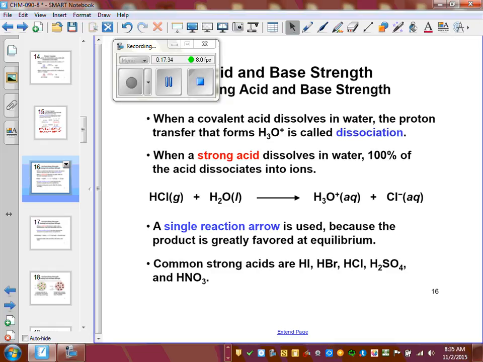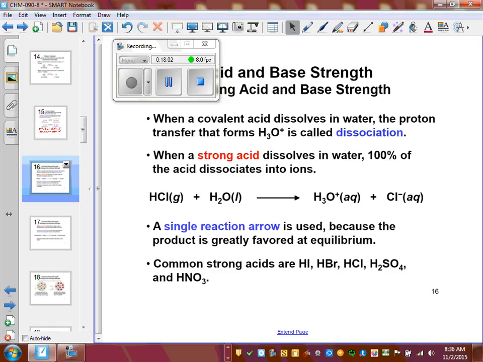Now when we talk about strong and weak in chemistry, we don't mean the ability to do damage. Acetic acid is a weak acid, chemically. However, pure acetic acid, I told you, will take the skin right off of you. So here, HCl plus H2O, this reaction goes completely to H3O plus and Cl minus.